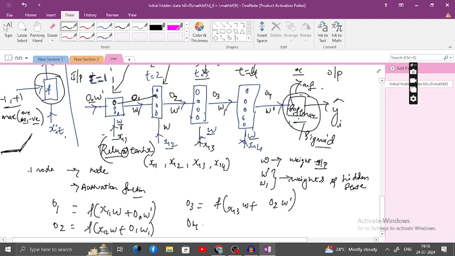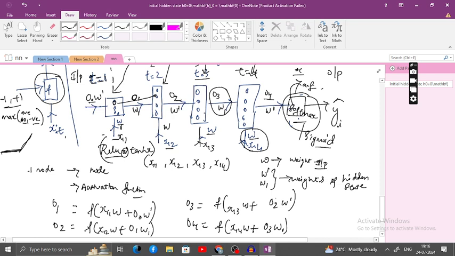Similarly, O4 is a function of x14 into w plus O3 into w dash. Similarly, you will get the output.